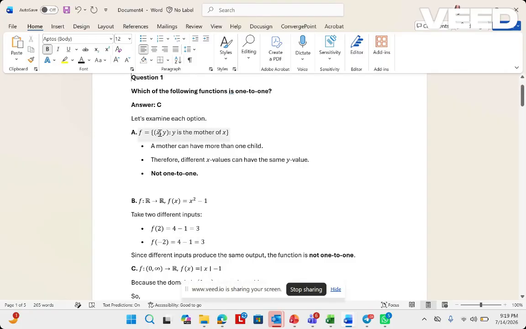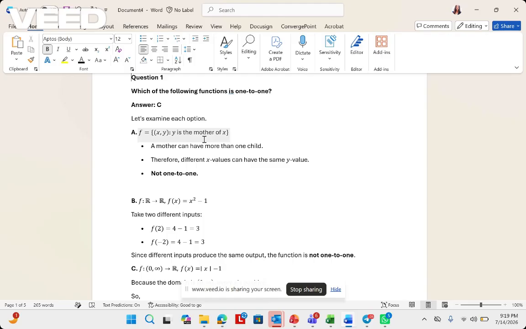መጀመሪያ f is equal to {(x, y) : y is the mother of x} ይለናል። ከዛ a mother can have more than one child. So a mother can have more than one child.